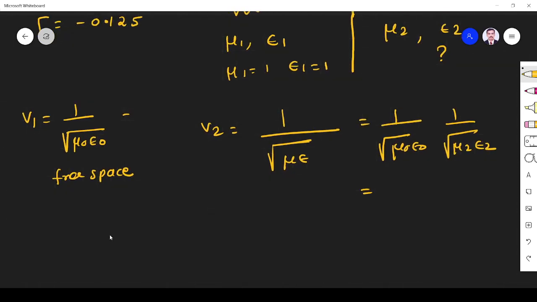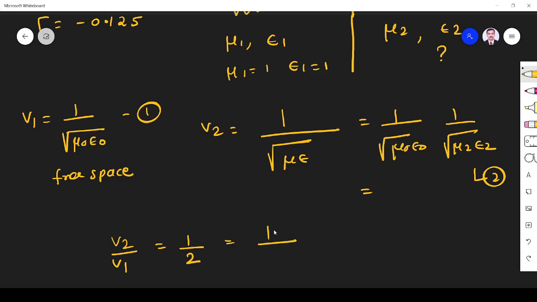Now if you divide v2 by v1, this is equation number 1, this is equation number 2. v2 by v1, we know in medium 2 velocity reduces by 50%, that means 1 by 2. So compared to v1, velocity in v2 is 50%, that is 1 by 2.